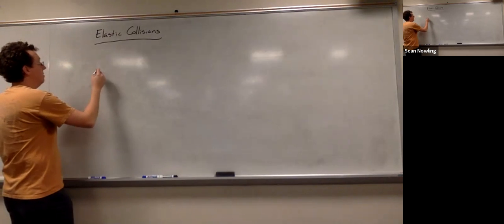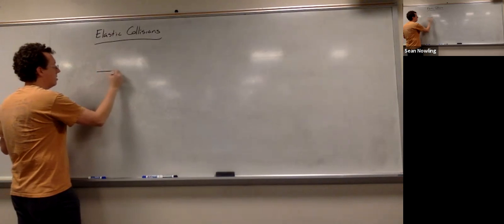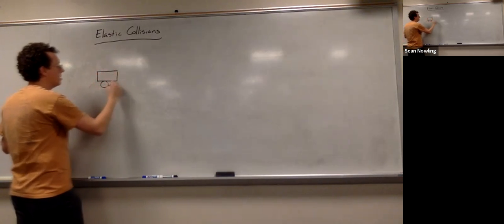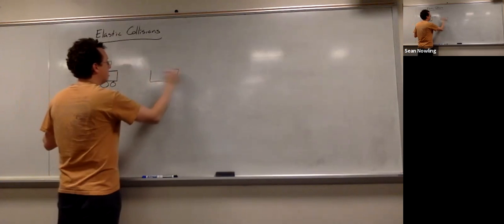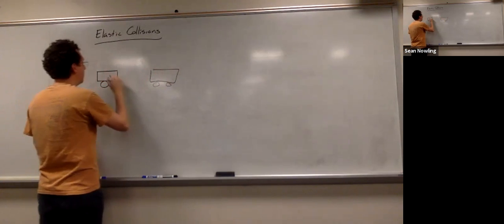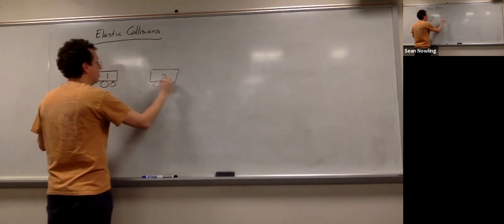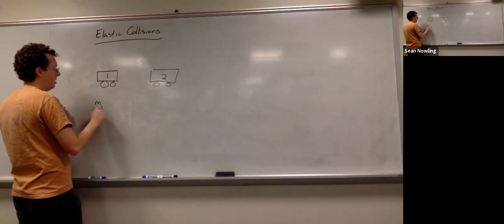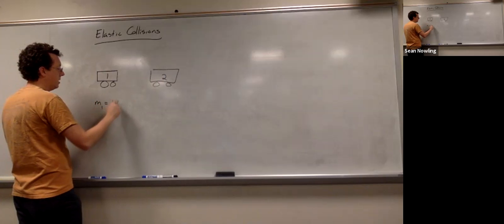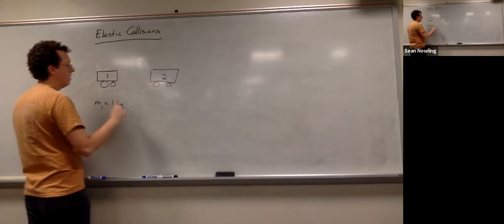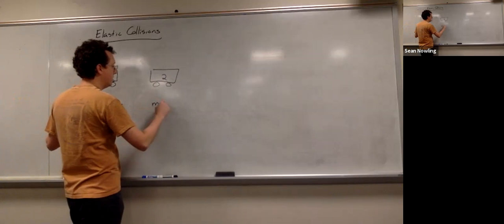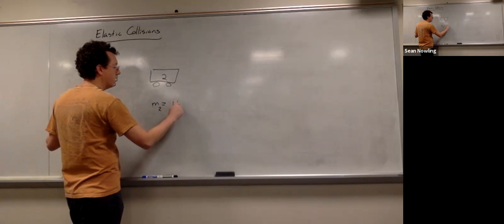Okay, so let's imagine we have a cart and a cart, and I'm going to label this one 1 and this one 2. I'm going to say M1 equals 1 kilogram, and M2 equals 1 kilogram.